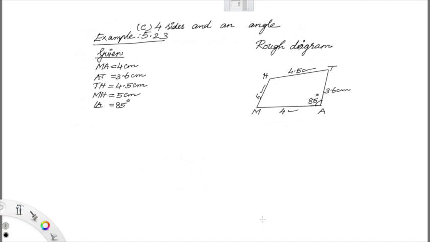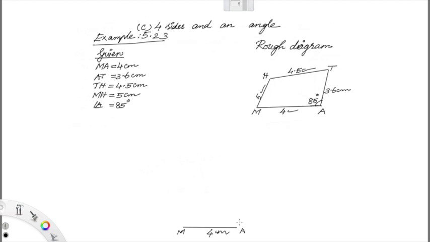Mark it. Just draw the segment MA 4 centimeter. Name it as MA. Write the measurement 4 centimeter. Okay, take your protractor. Now you are going to measure 85 degree at the point A. So place your protractor at A, right? And now you measure 85 degree. I hope you know how to measure the angle.